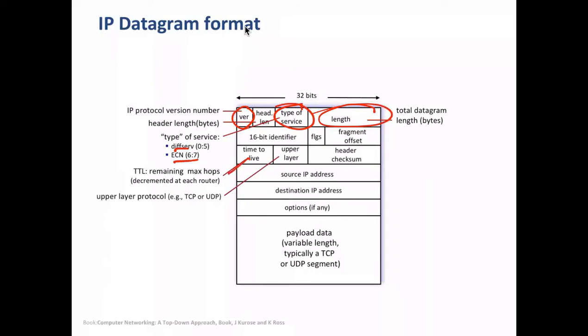Time to live, because a packet cannot remain in the network forever. Otherwise some packets that don't reach the destination will remain in the network forever, right? And network congestion can happen, right?